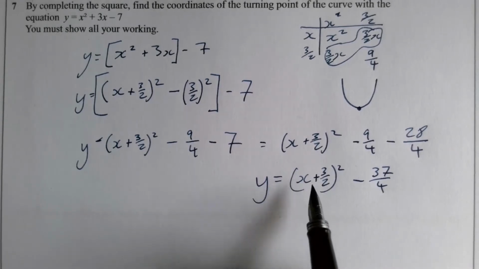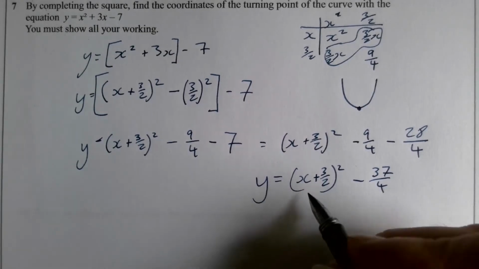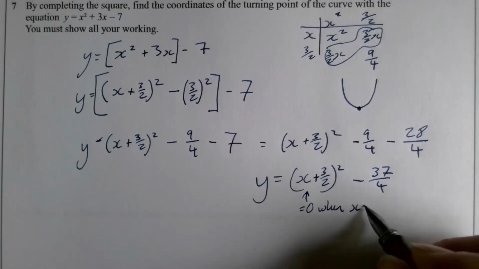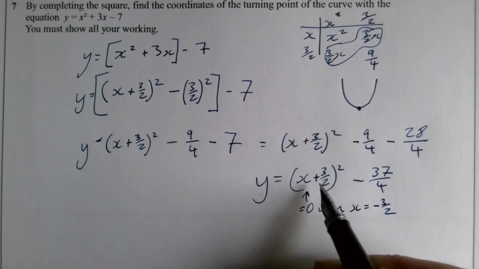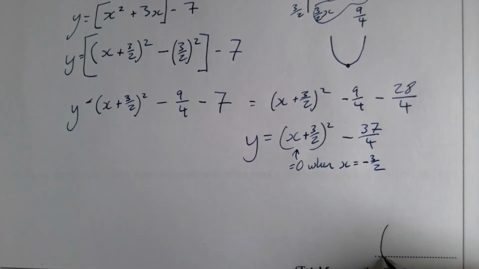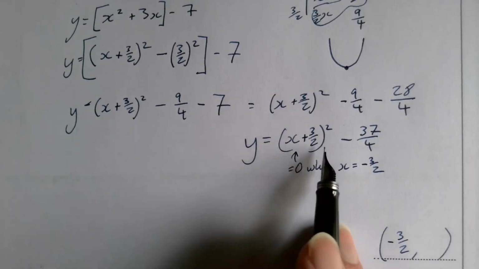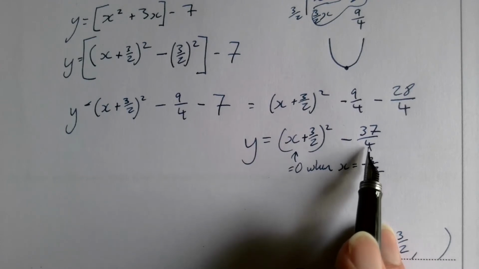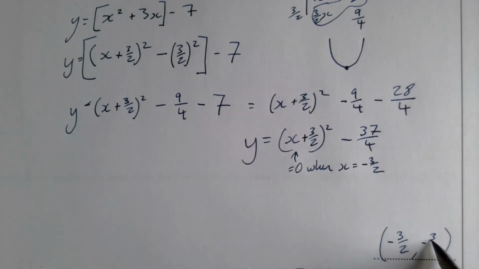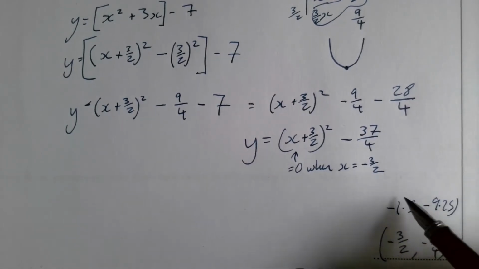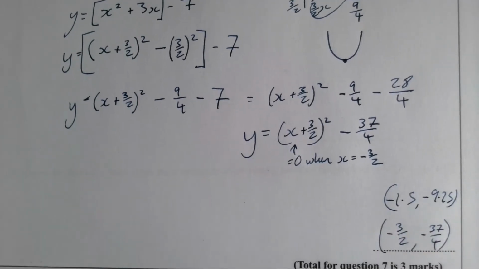So it's going to be, this bracket equals 0 when x equals negative 3 over 2. So negative 3 over 2 is going to be my x coordinate, and when that is 0, my y coordinate is just going to be that. So that's our final answer. If you put minus 1.5, minus 9.25, that's fine too, but you don't need to.